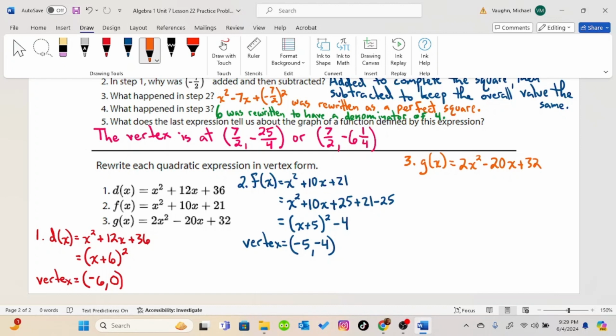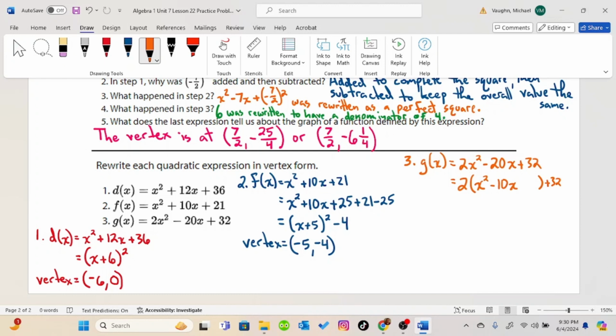So, the first thing I'm going to do is factor a 2 out of this 2x squared and this negative 20x. So now I have 2 times x squared minus 10x, and my plus 32 is on the outside.